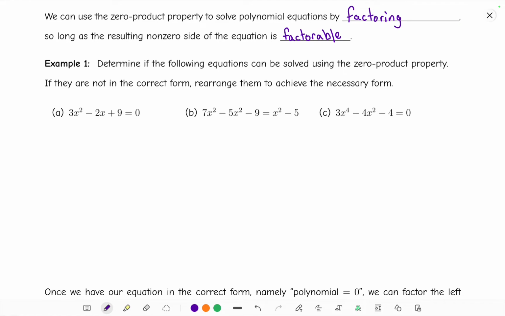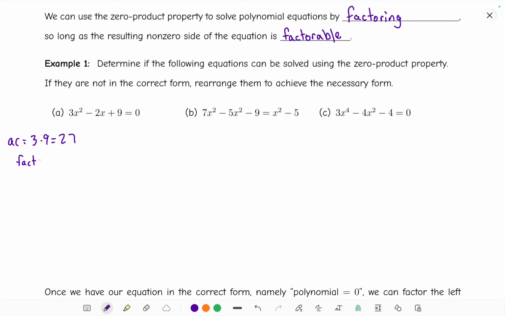So A is equal to 0. 3x squared minus 2x plus 9 equals 0. But I don't have any products. So first, in order to get it in the correct form, I need to factor it. So I'm going to use the AC method. AC equals 3 times 9, which is 27.